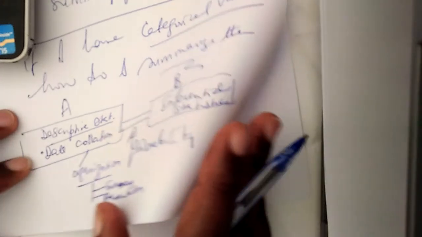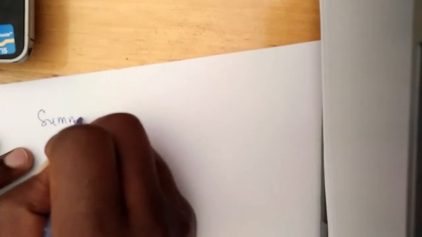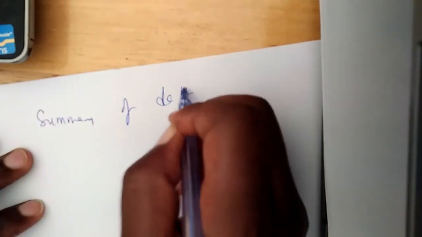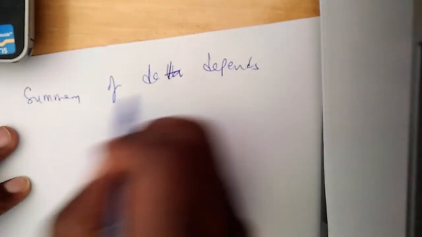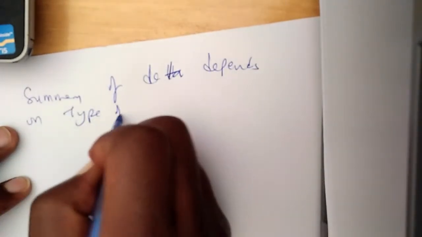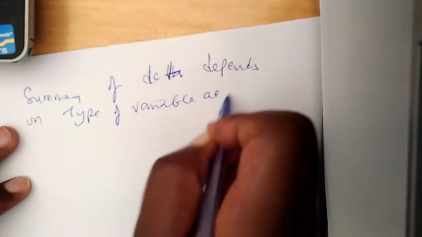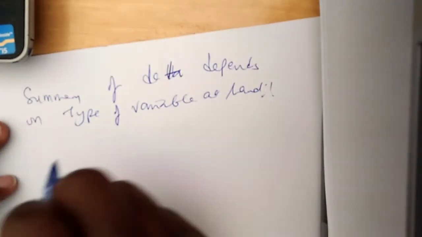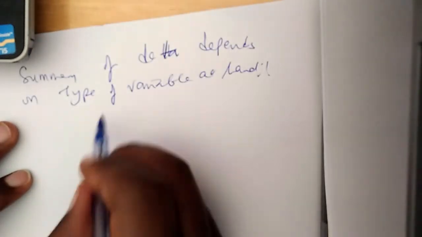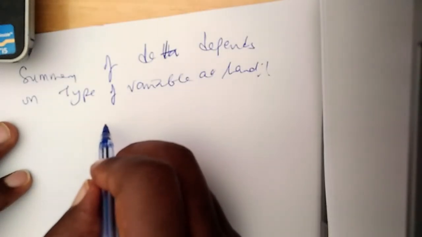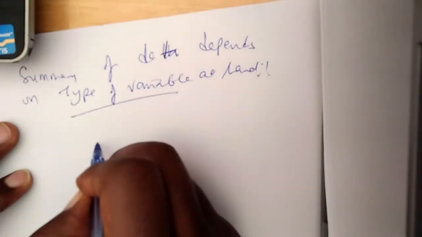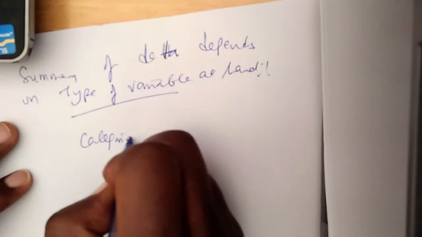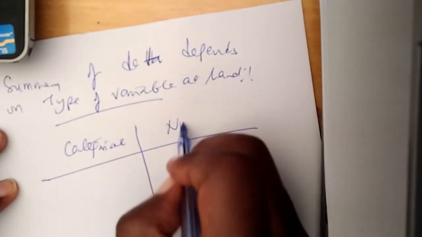So, summary of data, or summarization of data, depends on type of variable at hand. So we said if we do a 2 by 2 table, 2 rows, 2 columns, we have type of variable as categorical and numerical.